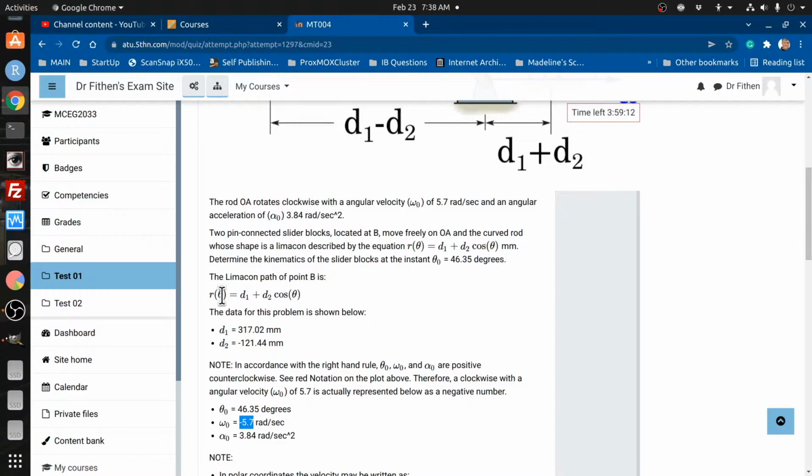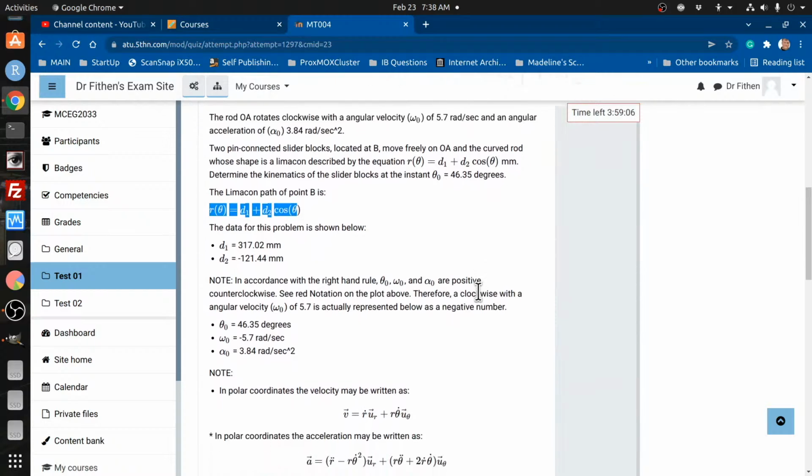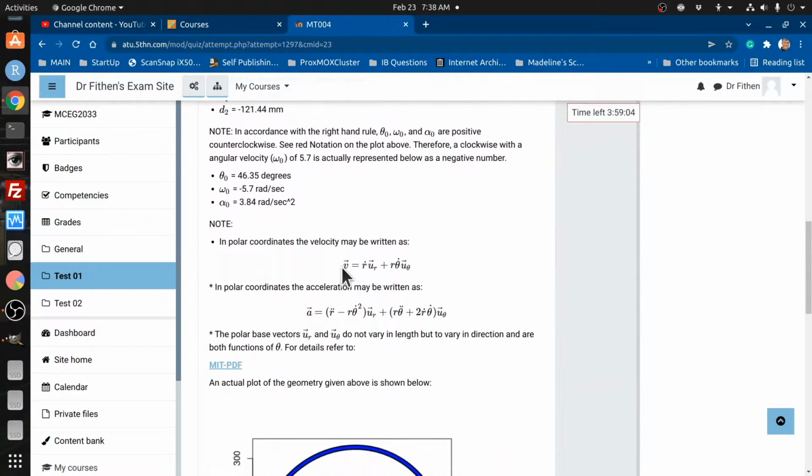3.84. The d's, the r is a function of d, which, no, it was not on the drawing. And you get down, and there's a couple of things. Note, in polar coordinates, the velocity may be written as this. And for some reason, I have an asterisk there instead of a dot, but in polar coordinates, the acceleration may be written like that.